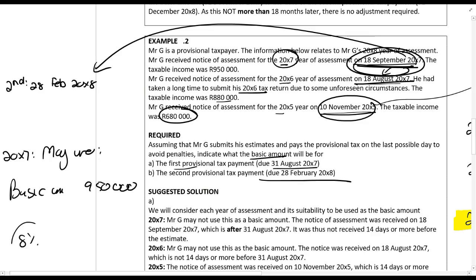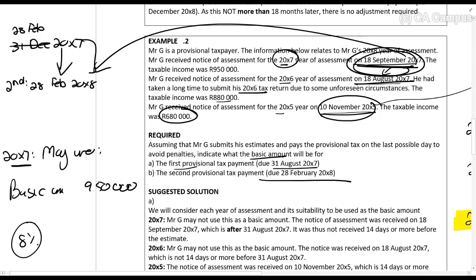Do we have to adjust it by 8%? So what do you compare? You compare the year end that you're using, 20x7. So we are using 31 December, 20x7. You compare it to your payment date and you say, is it 18 months or more? In this case, it is not. Sorry guys, it's not 31 December 20x7. It's 28 February 20x7, obviously year end.